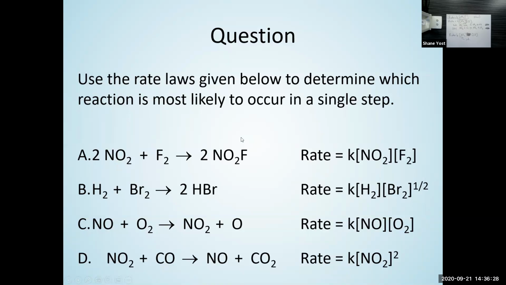So this question is asking, assuming those reactions take place in a single step, do the rate laws for those reactions agree with the experimentally determined rate laws on the right?